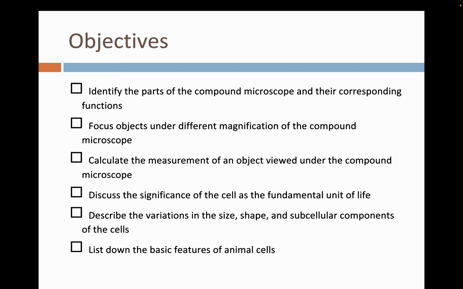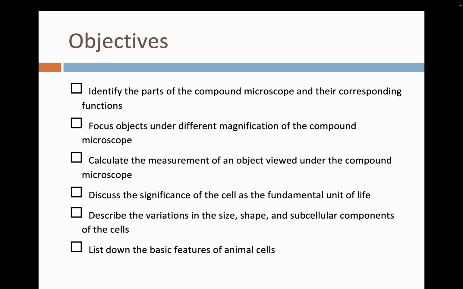We have a number of learning outcomes or objectives for this session, three from each activity. So for microscopy, this module should assist you, number one, in identifying the parts of the compound light microscope and the corresponding functions of these parts.